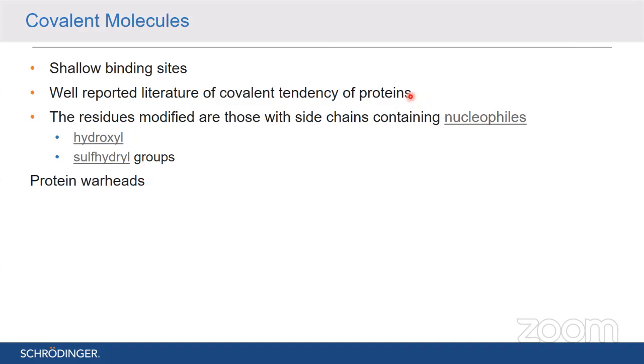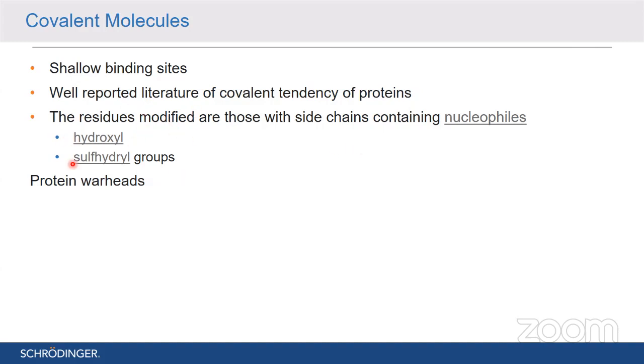It should have reported literature of the covalent tendency of the protein. If it doesn't, then you can't do covalent binding with that receptor, because I have seen many researchers force the receptor. Computationally you can do it, but think about whether it will happen in the wet lab. If you don't have any experimental or literature proof, performing this study will be a waste of your time.